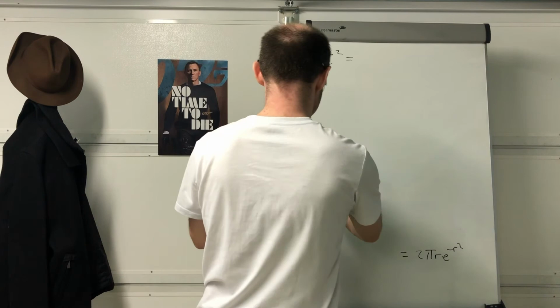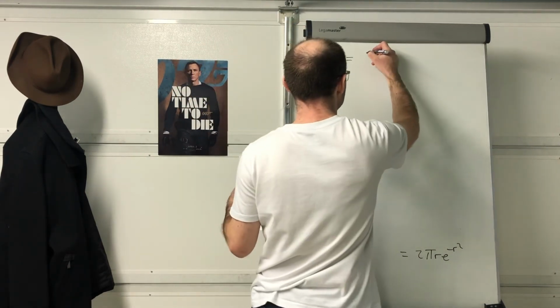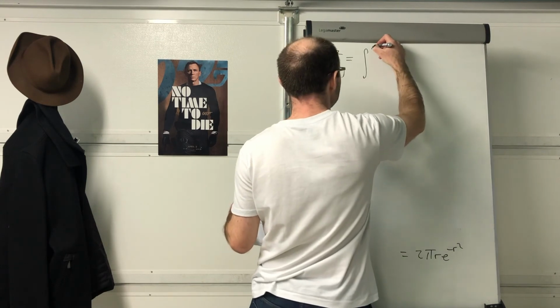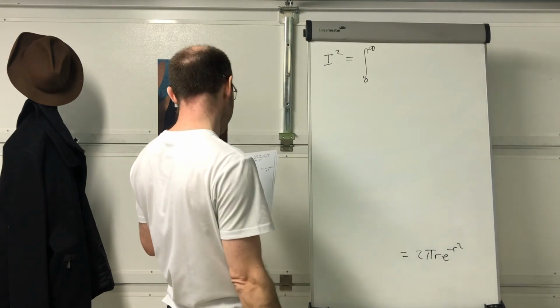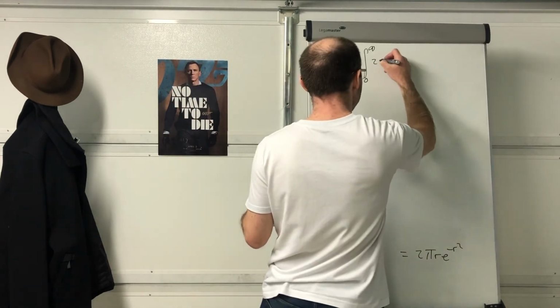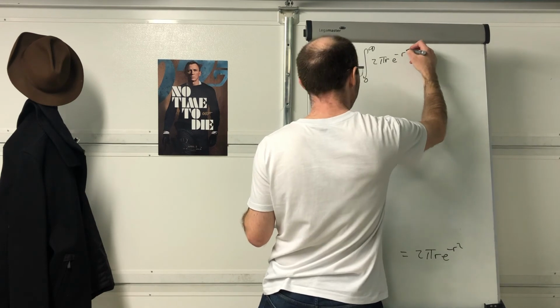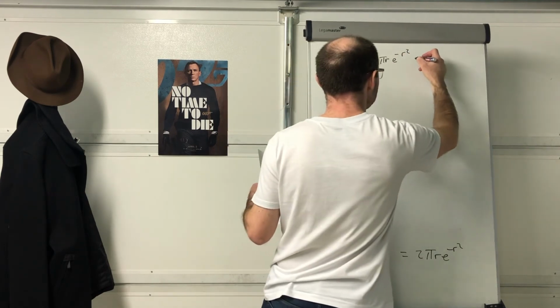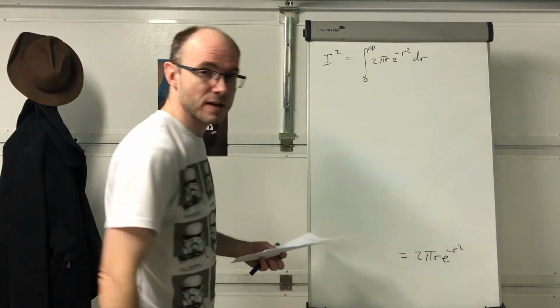So I'm going to get my notes back again so I don't skip that, okay? So what did I have? I had the integral between 0 and infinity of, and we worked out this here, didn't we? That was 2 pi r e to the negative r squared, and then dr was at the end, yeah? Yeah, good.